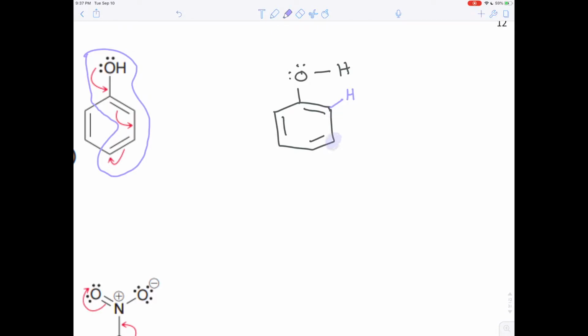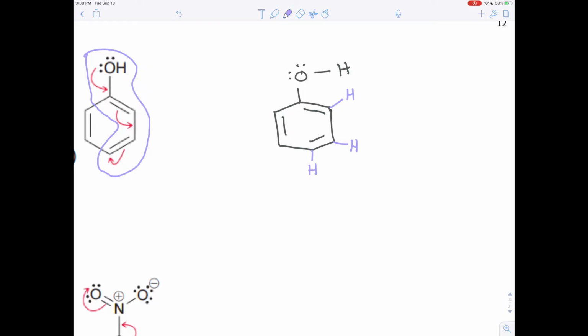Next, carbon at the bottom right. This carbon does not have a formal charge, so it needs a total of 4 bonds. It already has 1, 2, 3 drawn. That means it just needs 1 more, and that'll be to an invisible hydrogen. Carbon at the very bottom, that carbon does not have a formal charge, so it needs 4 bonds. 1, 2, 3 are already drawn, so it just needs 1 more, and that will be to an invisible hydrogen.